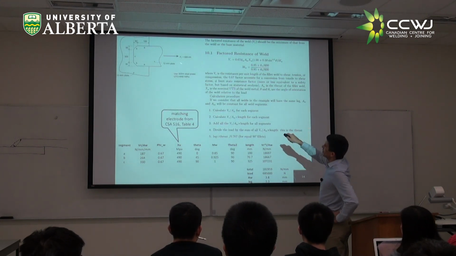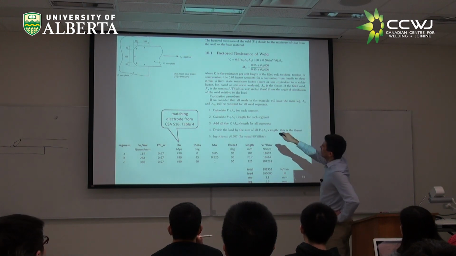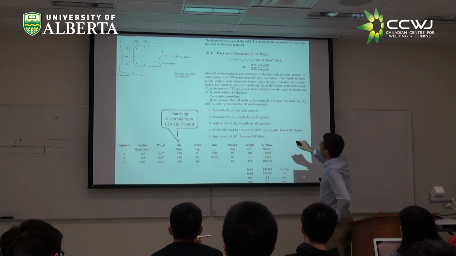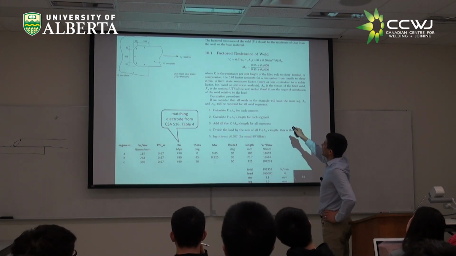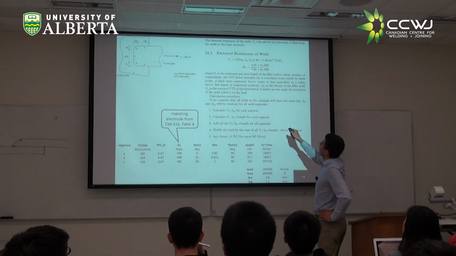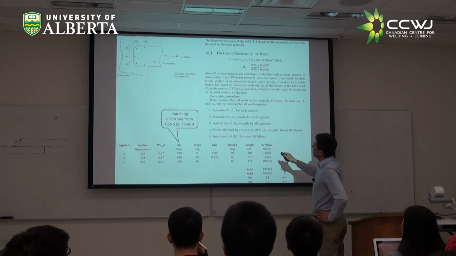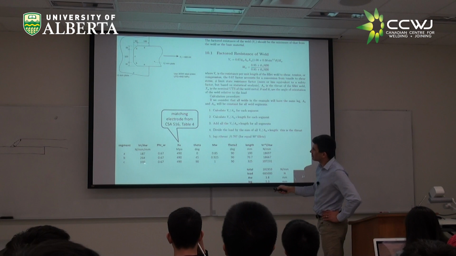I know this because it comes in the design, what the phi is going to be. And I know this because it's given by the design. So I do not know my throat size. I know everything else. So I'm going to pass this down and calculate VR, the force per unit length and unit throat, for each segment.